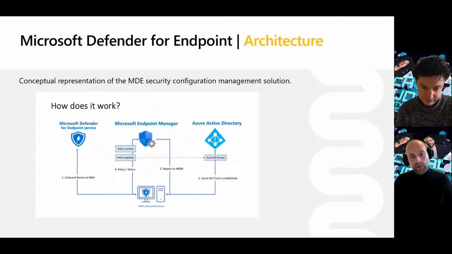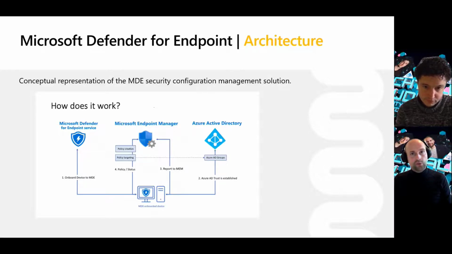And once your endpoint is onboarded in MDE, the engine is actually detecting if the endpoint is being managed by either Endpoint Manager or Configuration Manager. And once it detects it's not managed in any way, then it's creating a trust relationship to Azure AD. So you need the kind of federation for that.